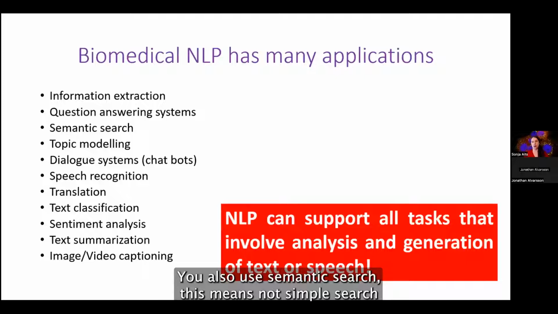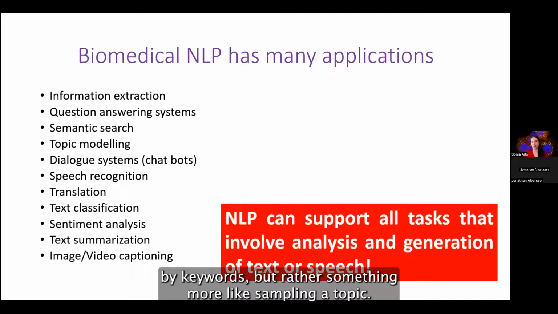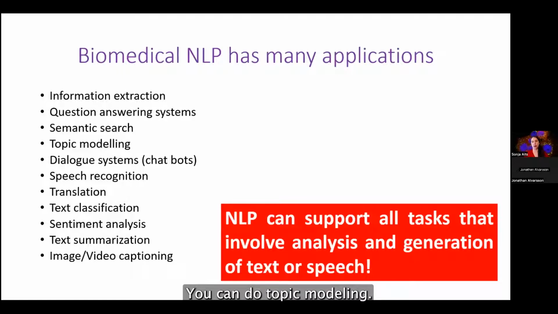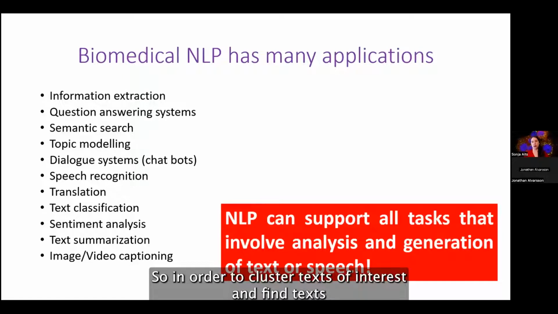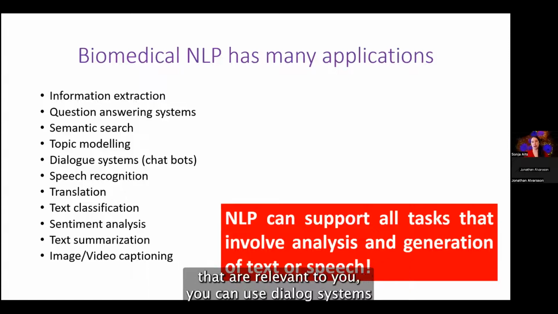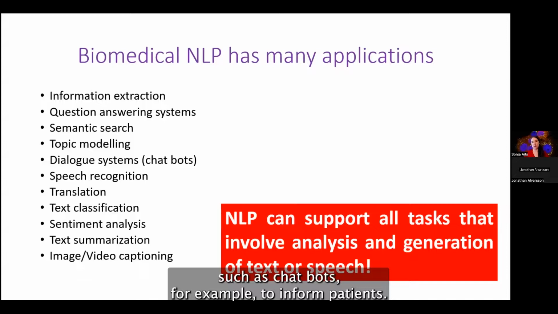You can also use semantic search. This means not simple search by keywords, but rather something more resembling a topic. You can do topic modeling, so in order to cluster text of interest and find texts that are relevant to you. You can use dialogue systems such as chatbots, for example, to inform patients.